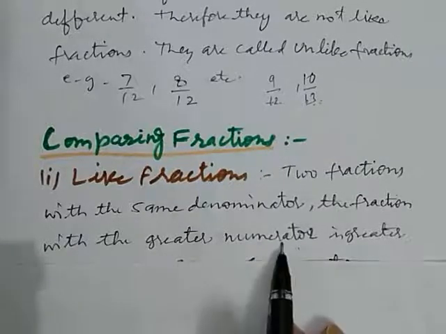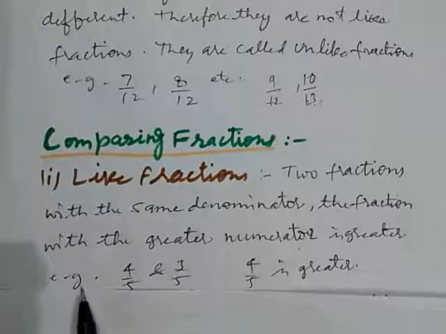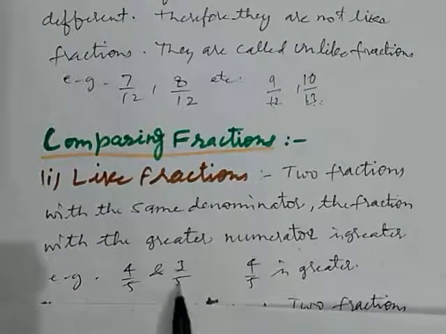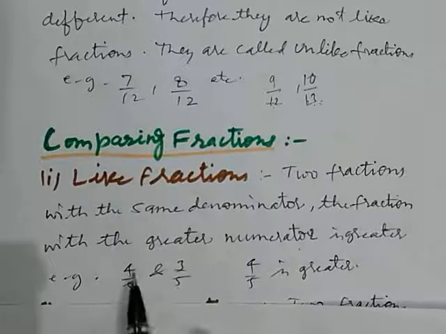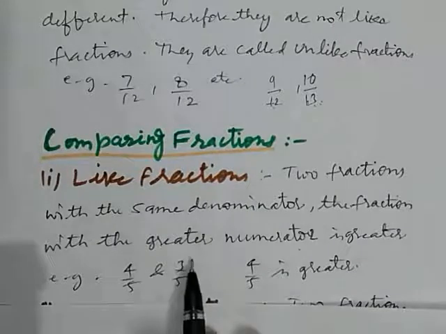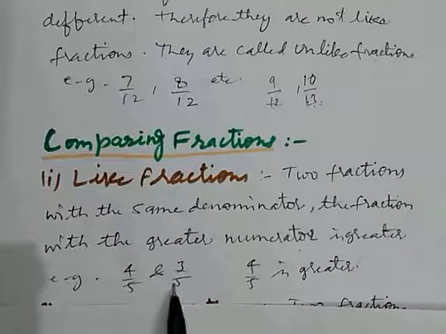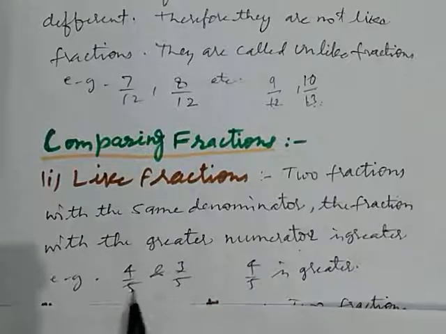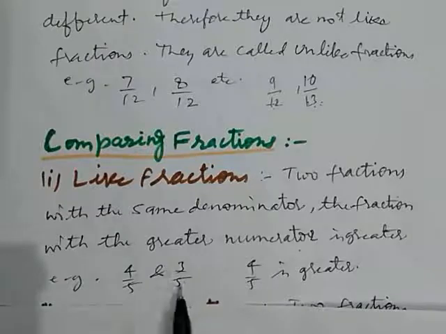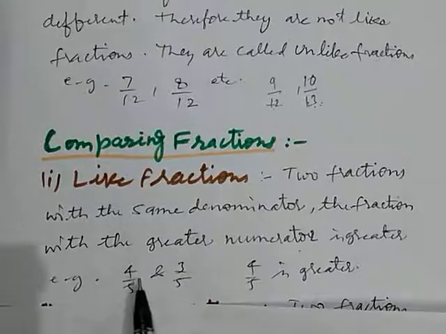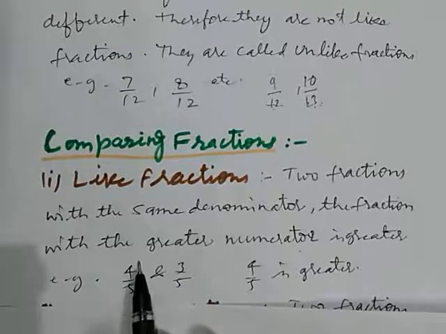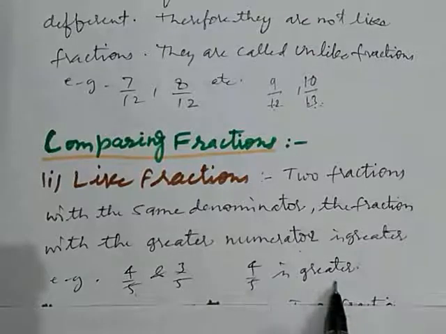The greater the numerator, the greater the fraction. Here are two fractions, 4 by 5 and 3 by 5. Both the denominators are the same, but the numerator of this fraction is greater. That's why 4 by 5 is greater.